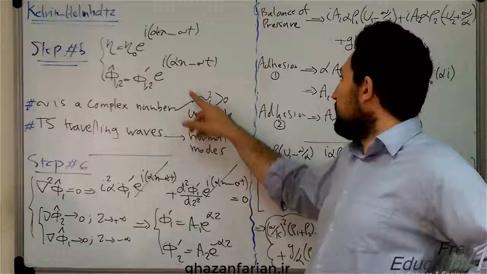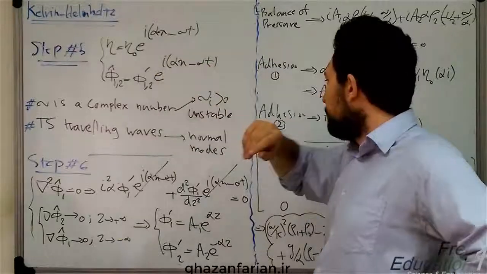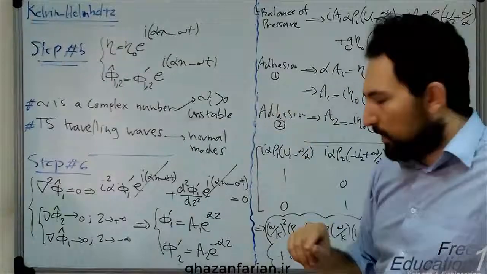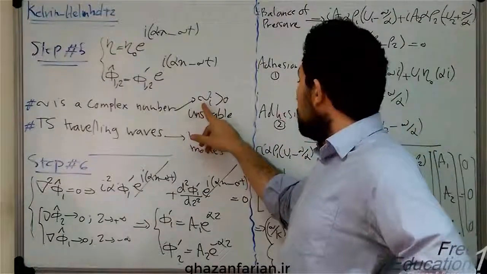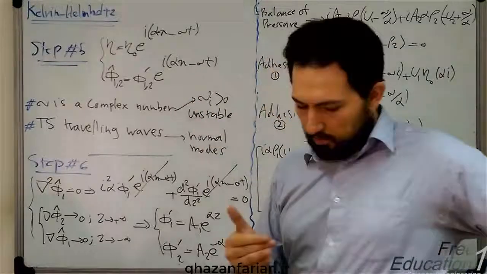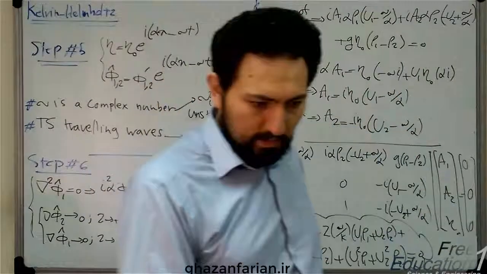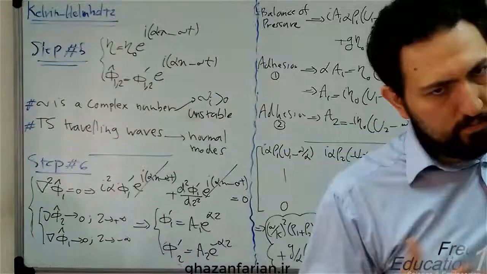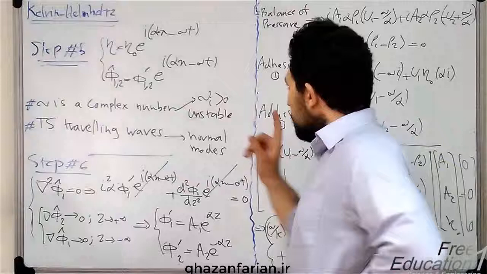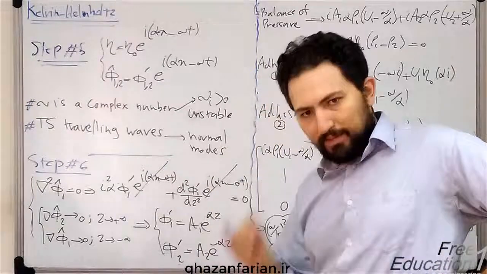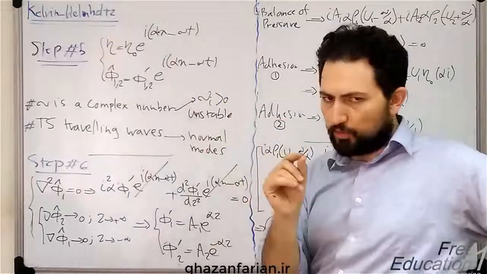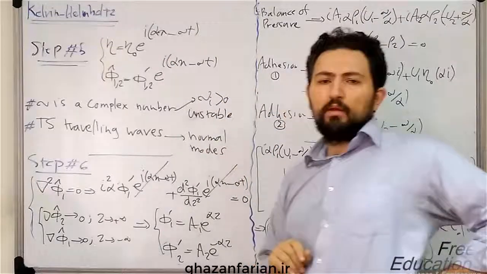Because we have a minus sign here, and the product of two i's is -1. So if the imaginary part of sigma is a positive number, the power of e is a positive number, and the disturbance will grow to infinity. So in our temporal instability analysis, the imaginary part of sigma is important, and alpha is a real number.